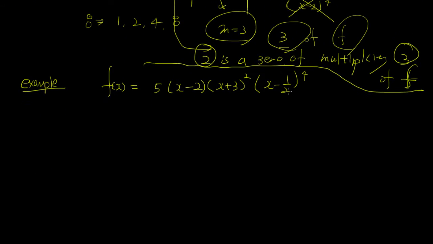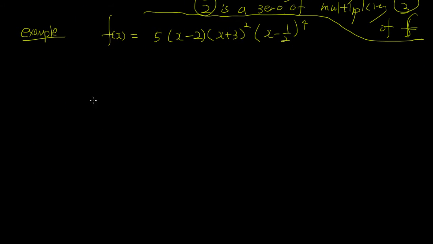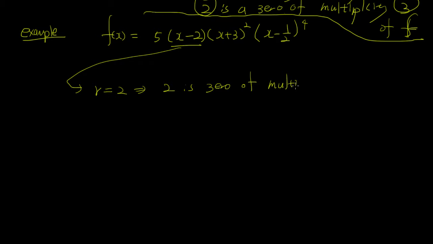Now, this example right here, let's check this one. r should be 2. So 2 is a zero of multiplicity 1 of f. Why is it 1?